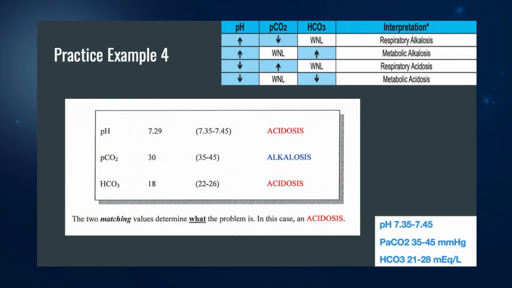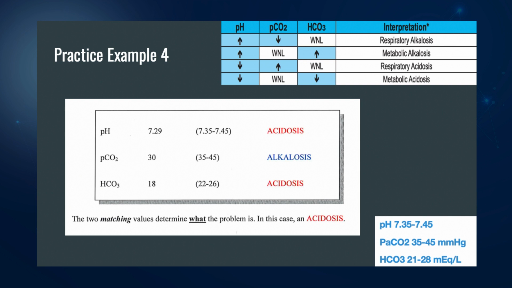So this is probably going to make you stuck, because this chart is not going to be super helpful. It is going to be helpful, but it's going to be confusing for a bit, because it was confusing for me. So let's look at this. Okay, the pH is 7.29, which means it is less than the normal range.